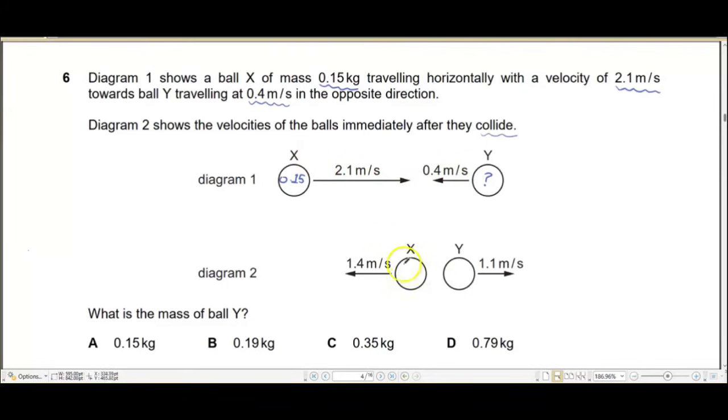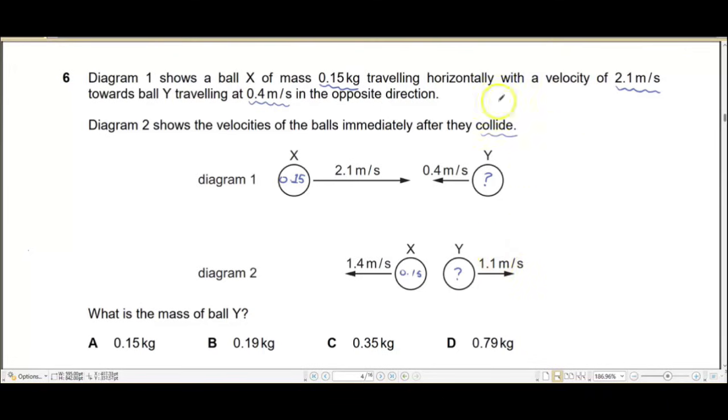After they collide, this ball of mass 0.15 kg travels in the opposite direction to what it was traveling before with a velocity of 1.4 meter per second, and ball Y, whose mass is unknown, then travels with a velocity of 1.1 meter per second in the opposite direction to its initial motion as well.